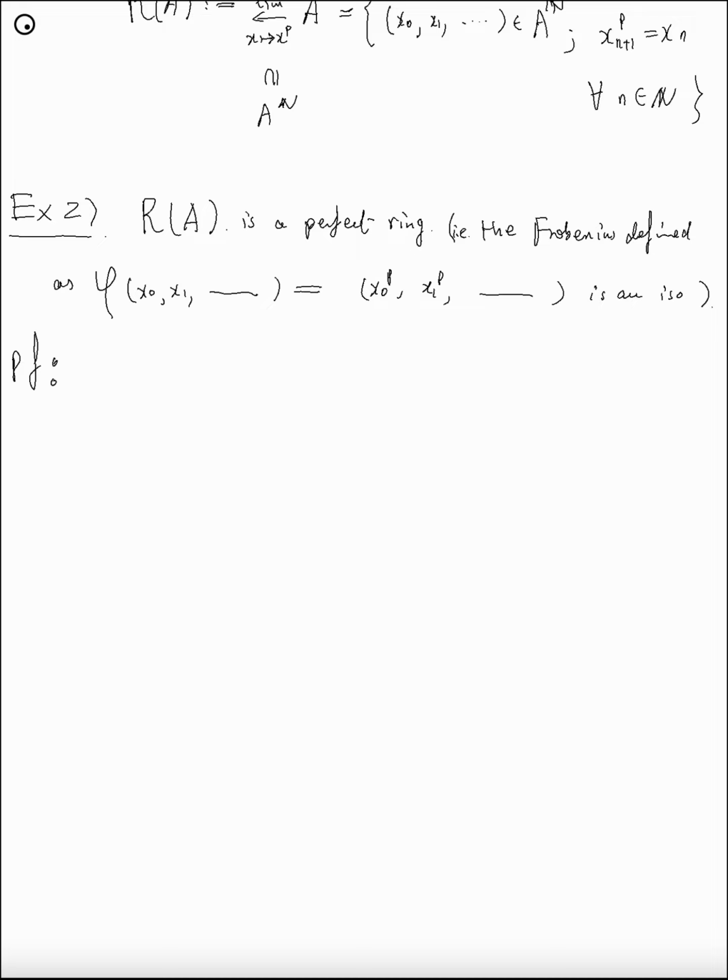I'm just going to prove that the Frobenius defined on R_A is a bijection. As I said, this will be a ring homomorphism after I specify the ring structure of R_A.